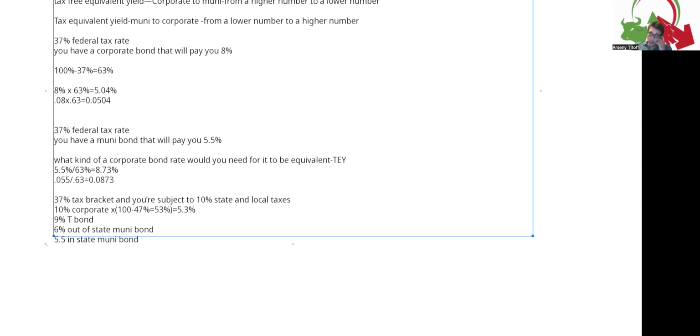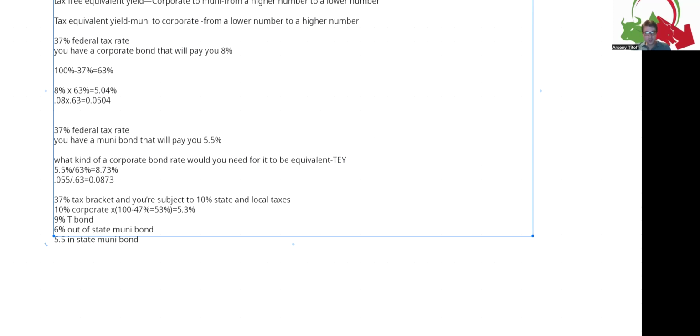Now let's say it was a 9% T bond, right? So now you'd multiply that. For a T bond, you're paying the federal, but you're not paying the state and local. So in this case, you'd multiply the 9% times 100 minus 37 because you're avoiding the state and local, which should put you at 63%.